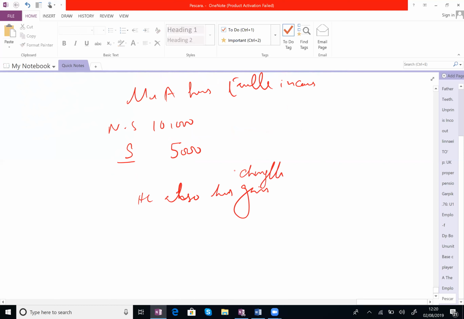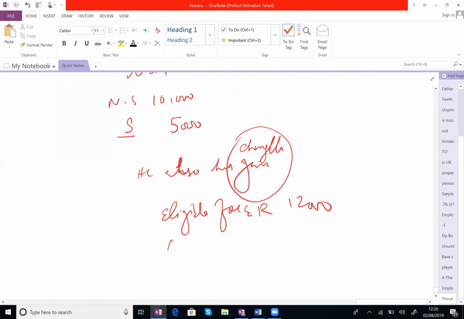Gains eligible for entrepreneur relief are 12,000, and gains not eligible for entrepreneur relief are 25,000 pound. Your requirement is to calculate the tax.